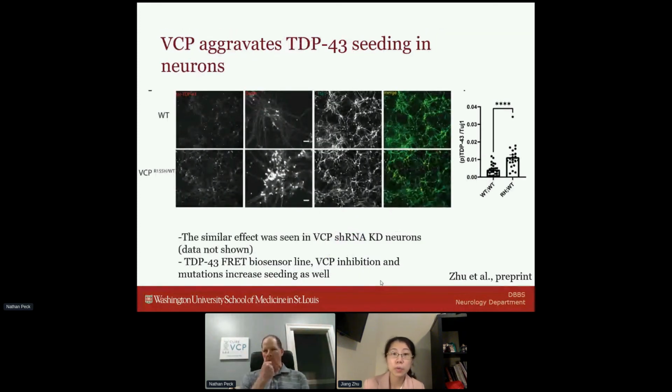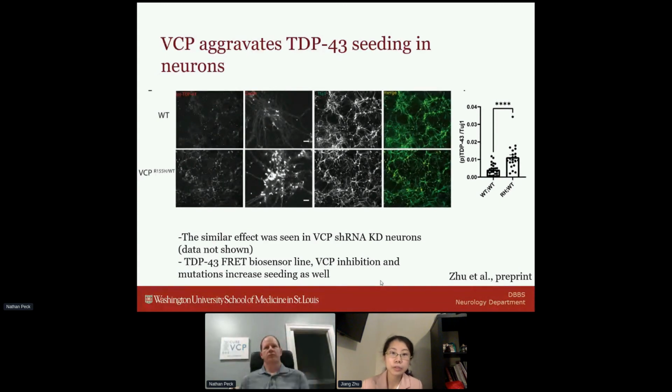I also generated new platforms of TDP43 seeding in neurons. You can go to my papers. I did a host of validations to make sure that it can phenocopy some of the TDP pathologies we see in the brain.